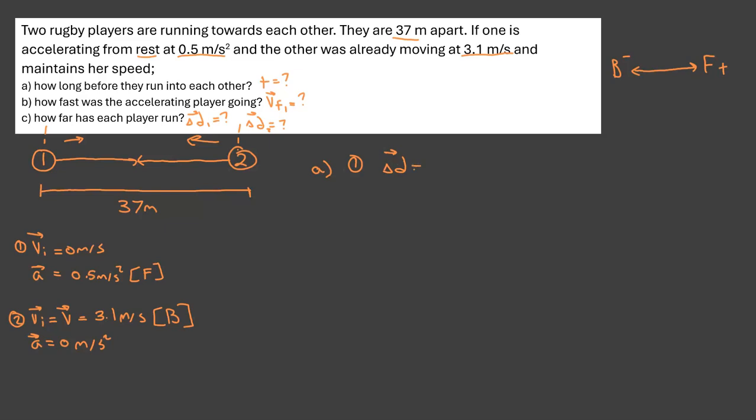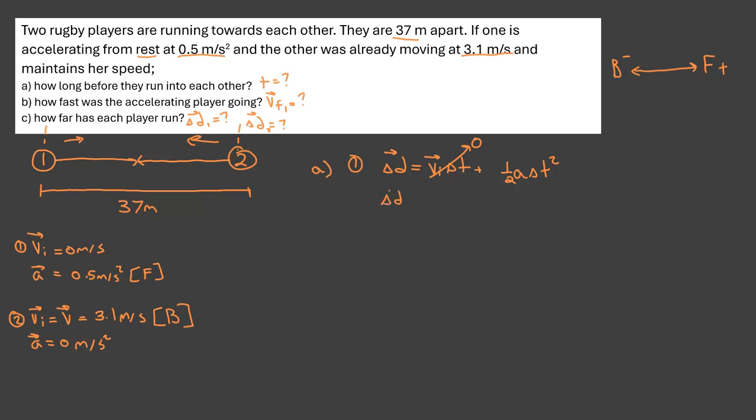So the displacement will equal our initial velocity times our time plus 1/2 times the acceleration times our time squared. For our player 1, we know that our initial velocity is 0, so this whole term, velocity times time, will go to 0 since 0 times t is 0.